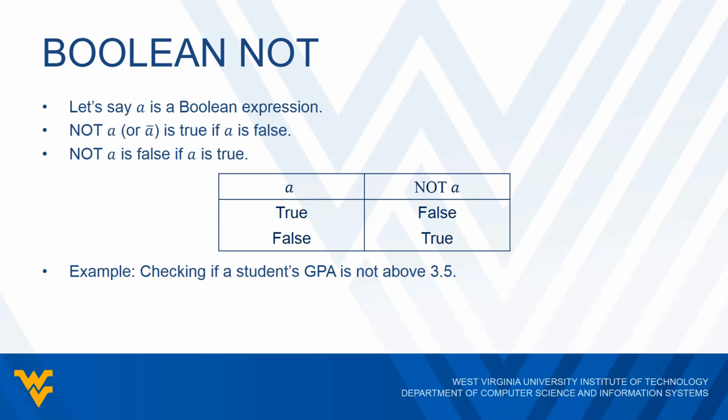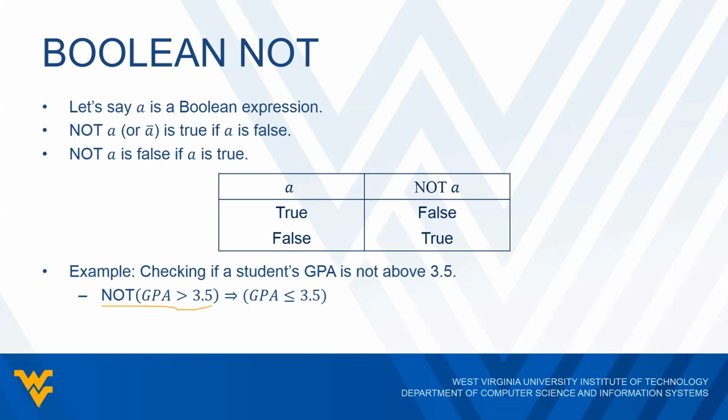For example, let's say we want to check if a student's GPA is not above 3.5. I've actually shown two different ways of representing this, but the way to use the NOT operator is this part right here, where we're checking NOT GPA greater than 3.5. I'm sorry, 3.5, not 35. If it's not above 3.5, then that would be true.